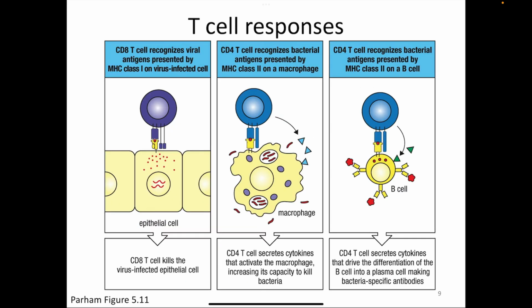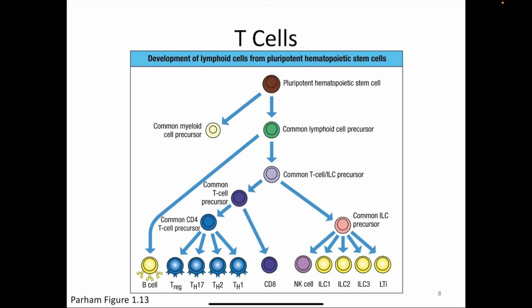And so when I think about T cells, one of the big classes that I divide T cells into is a class called CD4 T cells and a class called CD8 T cells. Here you can see the CD4 T cells in blue and the CD8 T cells in purple.